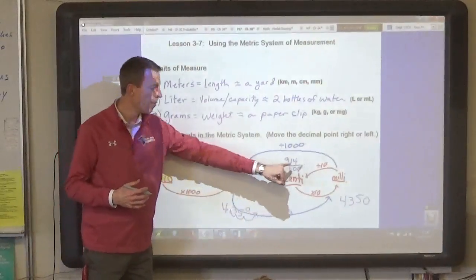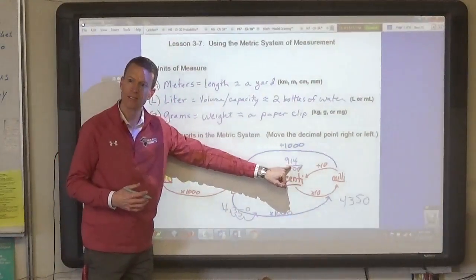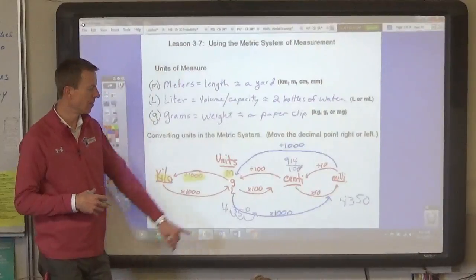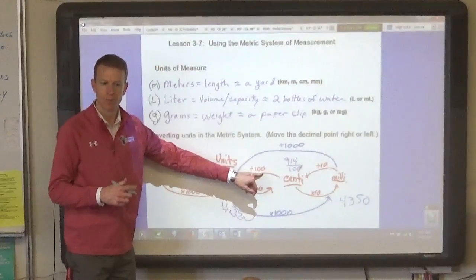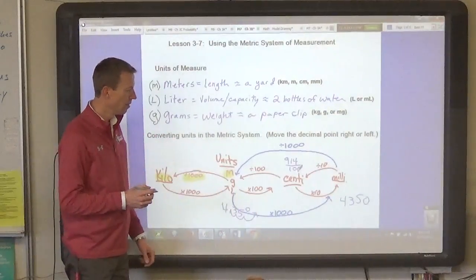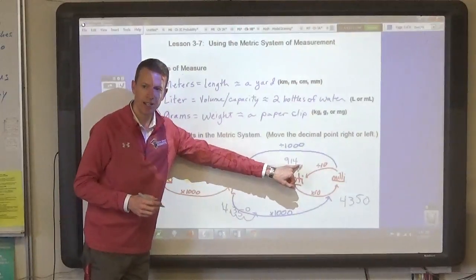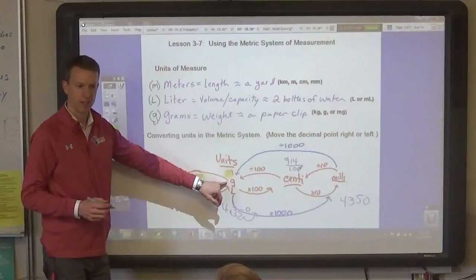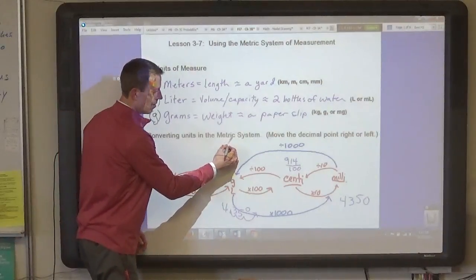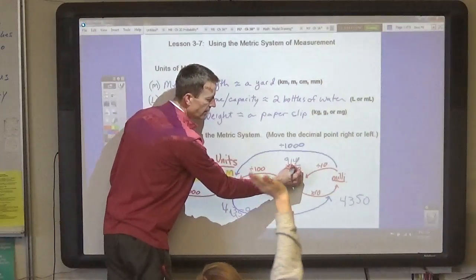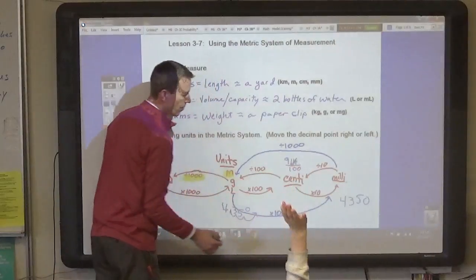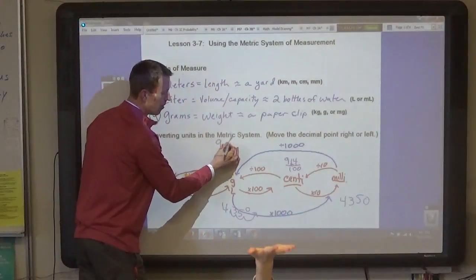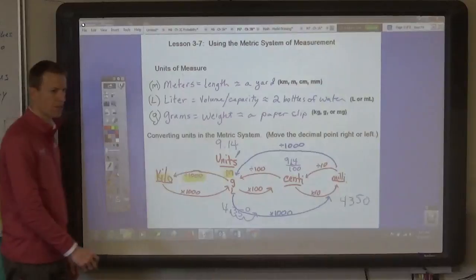So we should move the decimal point to the left. How many places for 100? 2 places. So 914 equals how many? If we move the decimal point 2 places to the left, it's 9 and 14 hundredths.